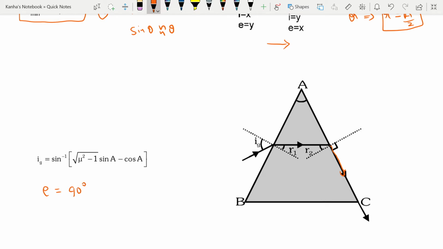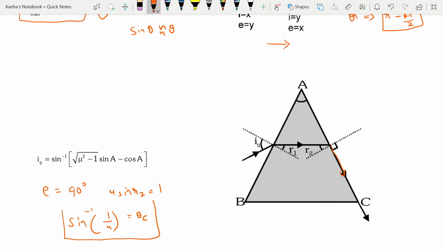If I apply Snell's law at the second face, I can write mu sine R2 is equal to 1. That implies mu is equal to 1 by sine R2. Next thing you should note is sine inverse of 1 by mu is equal to theta c.